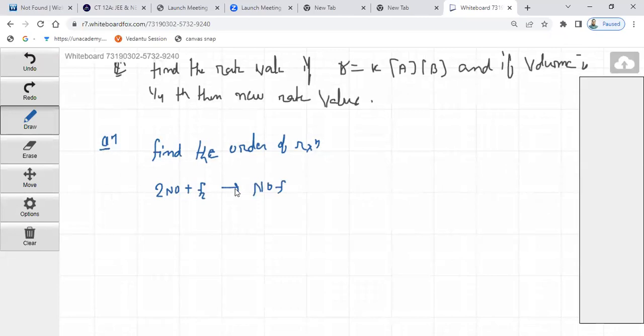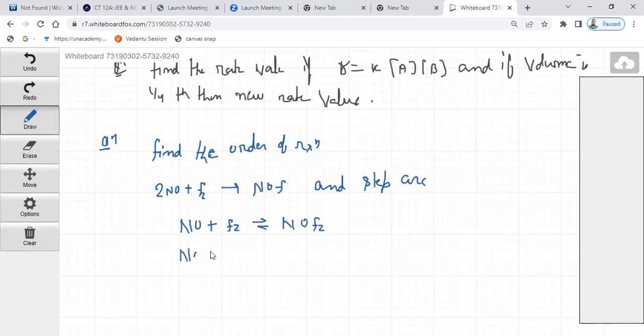The steps are: first step, NO plus F2 gives NOF2. Second, NOF2 plus NO gives 2 NOF. The first is a slow step reaction and the second is a fast step reaction.